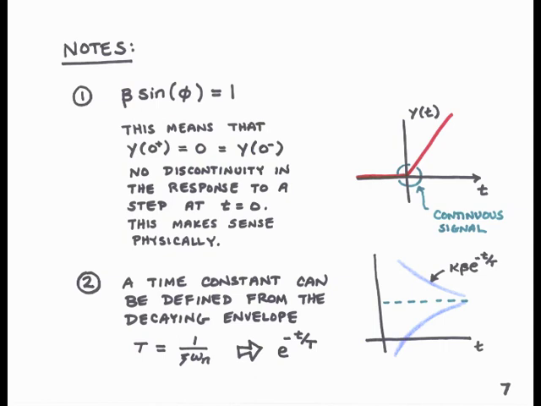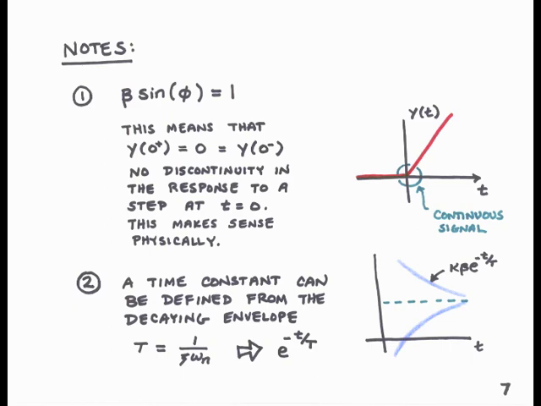Here are two aspects of the response I'd like to point out. The first is that beta sine of phi is equal to 1. What this means is that y, the output, at time 0 plus, will be equal to 0. That is, there's no discontinuity in the response due to the step at time 0.